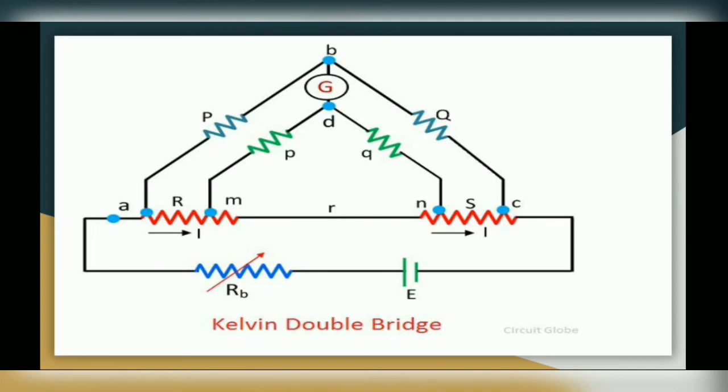So this is the diagram for Kelvin's double bridge. In this, you can see there are four arms P, Q, small p, small q, and capital P and capital Q. And the other resistances are R, M, small r, N, and S. And E is the battery.